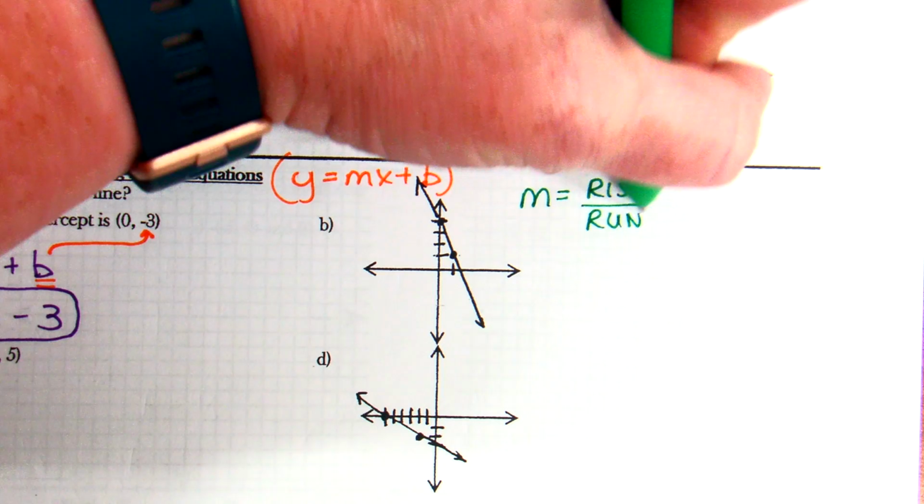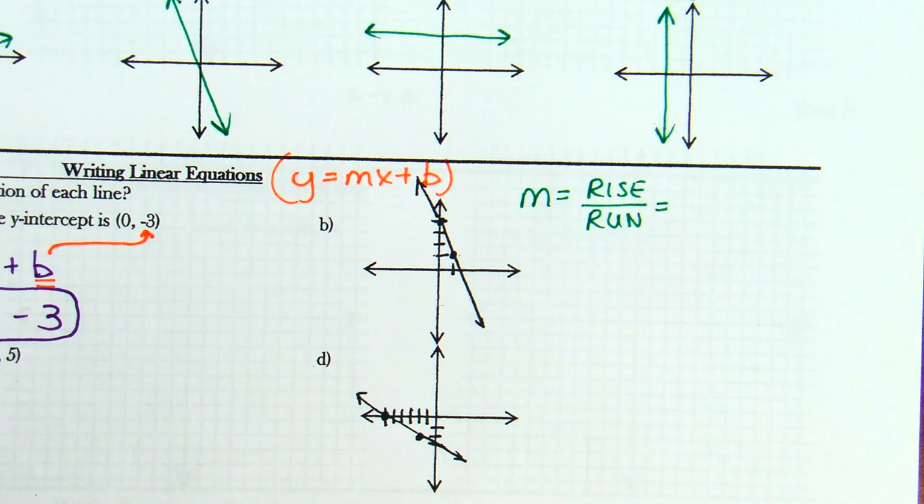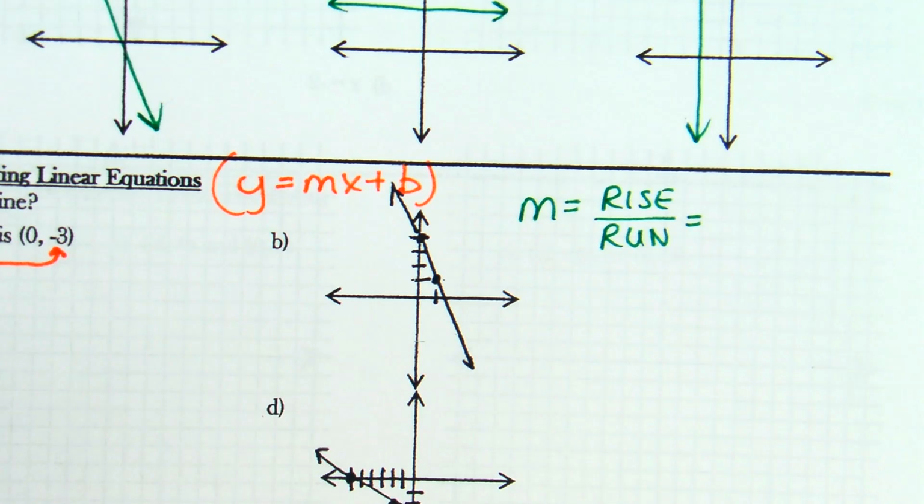So, rise over run. Now, not all of us do this the same. Which dot do you tend to start at? When I do rise over run, I tend to start at the bottom dot. But I feel like a lot of times you guys tend to start at the top dot.